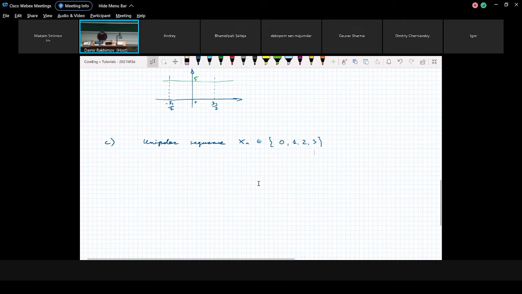We assume that the sequence consists of independent symbols. To find the autocorrelation function, first we calculate autocorrelation for 0. We need to calculate the second moment. The probability again will be the same, 1/4. Then we need to calculate the square value of each symbol: 1 square plus 2 square plus 3 square.